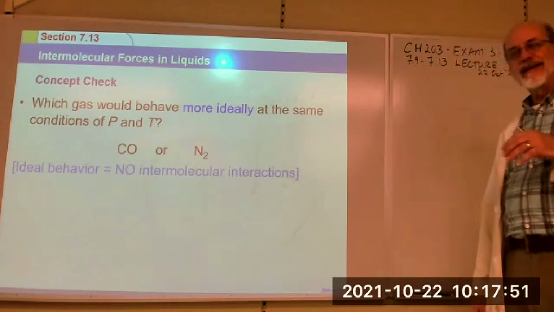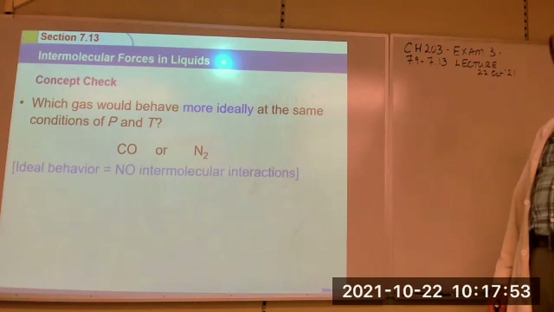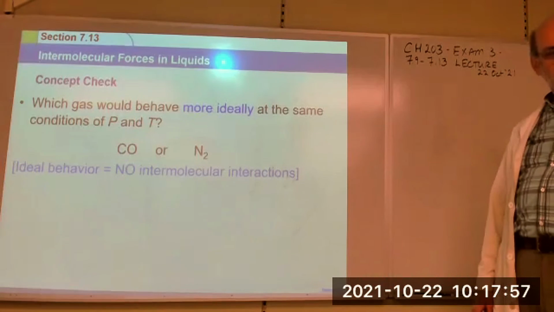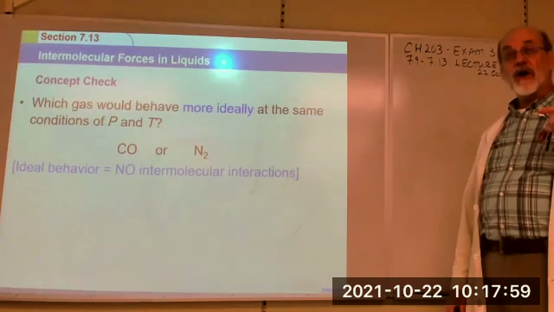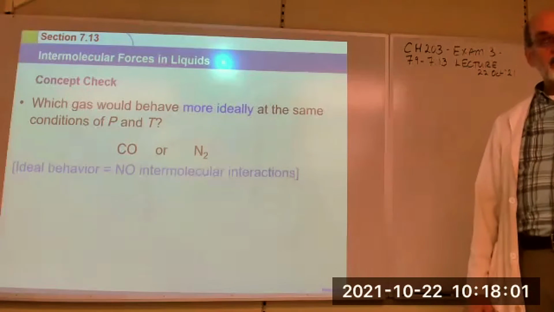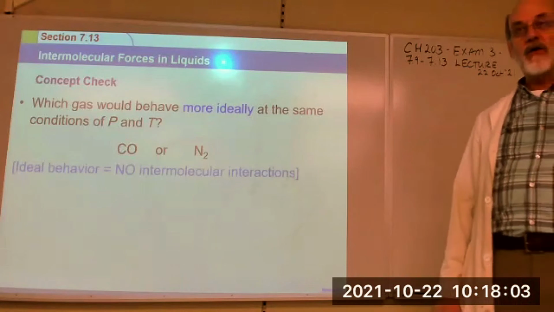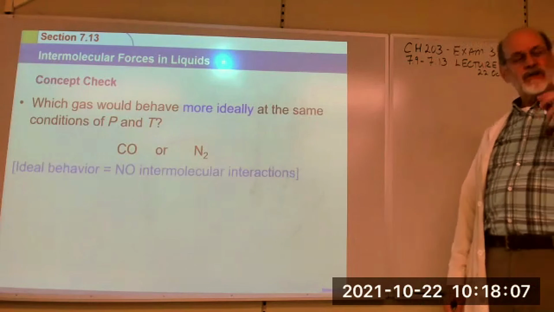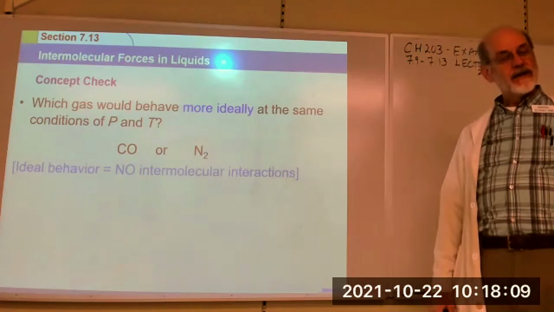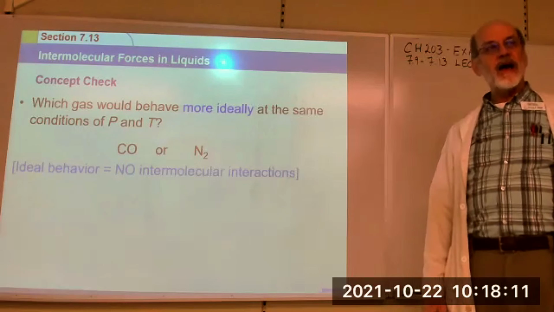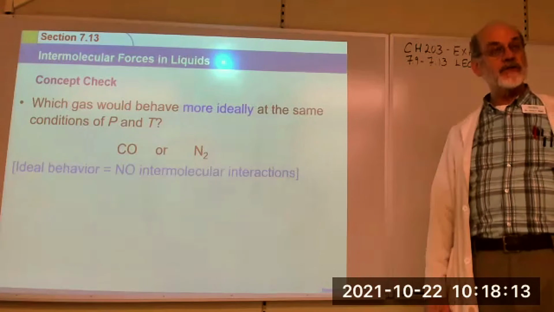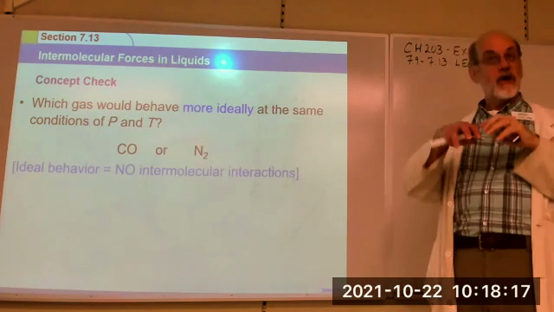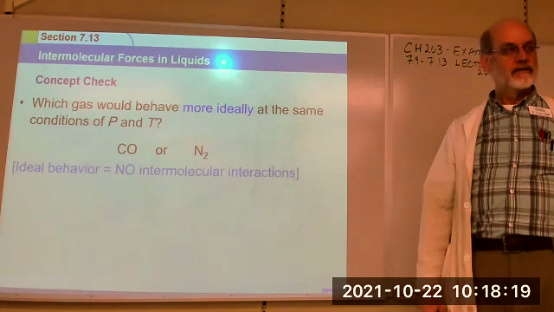They behave ideally under conditions of high temperature, low pressure. That's because we don't want any intermolecular forces influencing the gas behavior. When the temperature is high, it swamps out any intermolecular forces that might develop. And if the pressure is low, that means there's not many of them there.